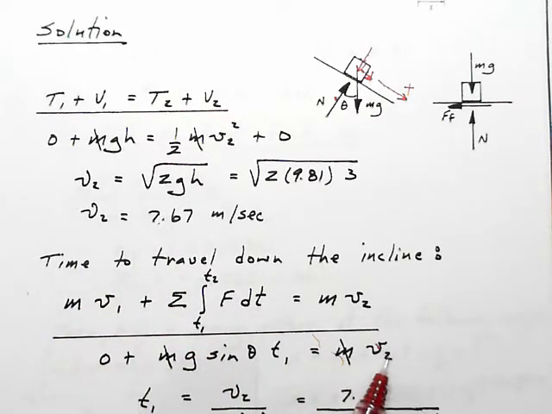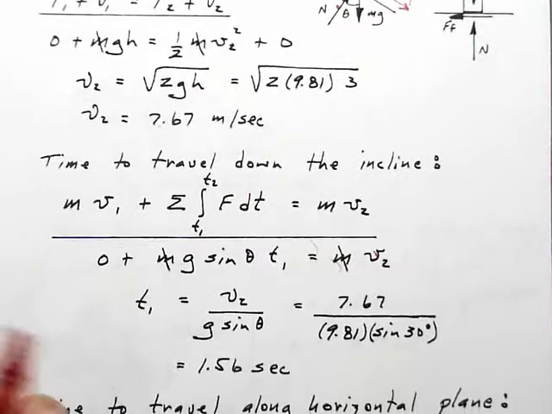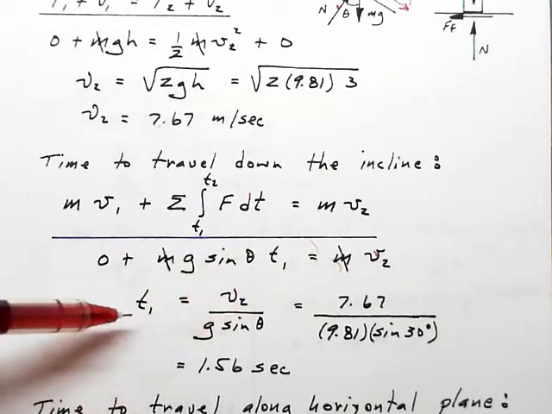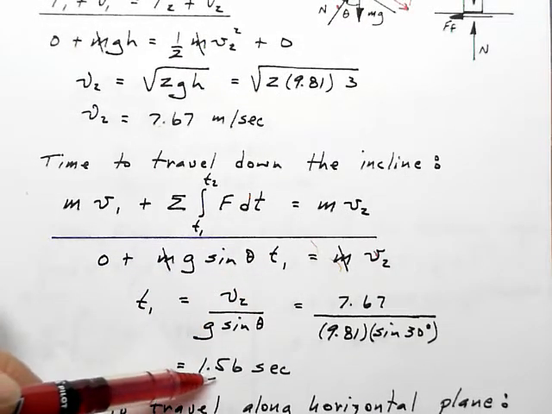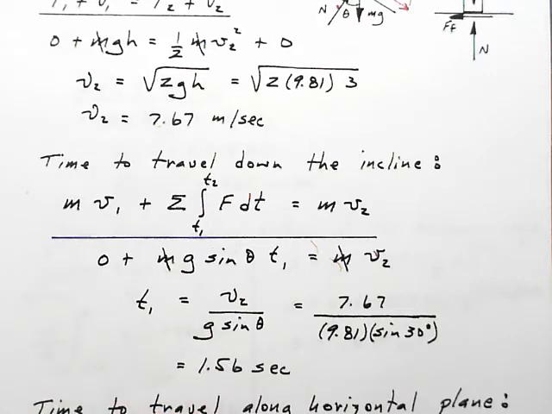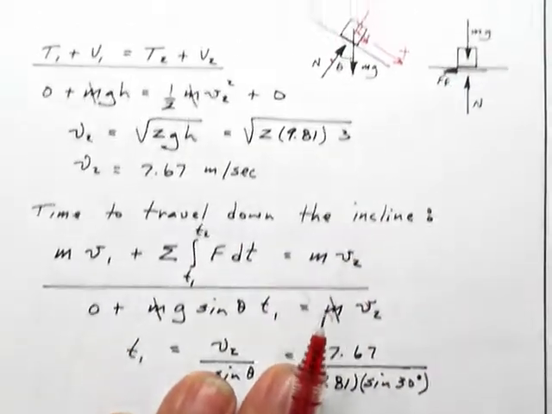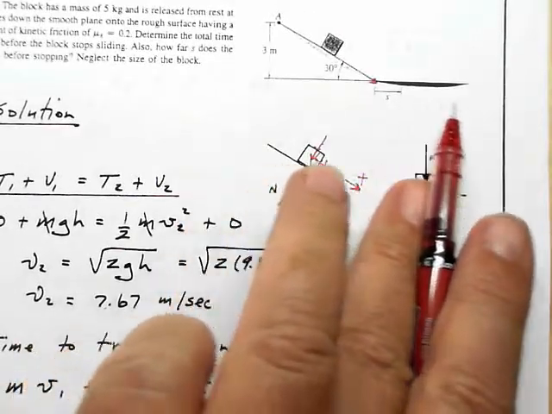The only thing we don't know in this equation is the time required to get down the slope. And so we will algebraically solve for the time and come up with 1.5 seconds to travel down the straight line slope.